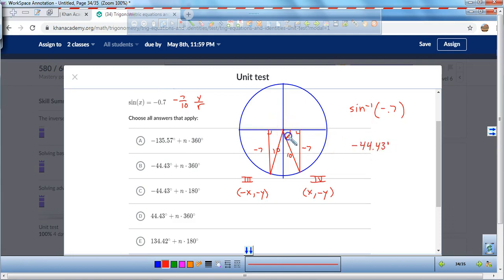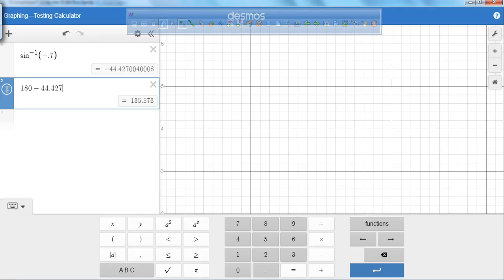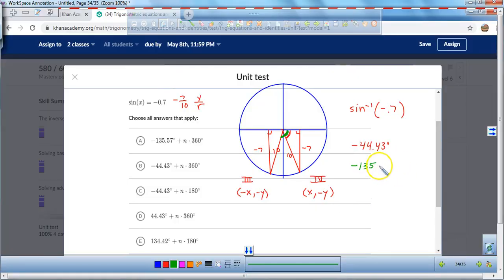That's this angle right in here. But the second one is a negative from here all the way across right in there. And that's going to be negative 135.57. And then we're just going to add n times 360.